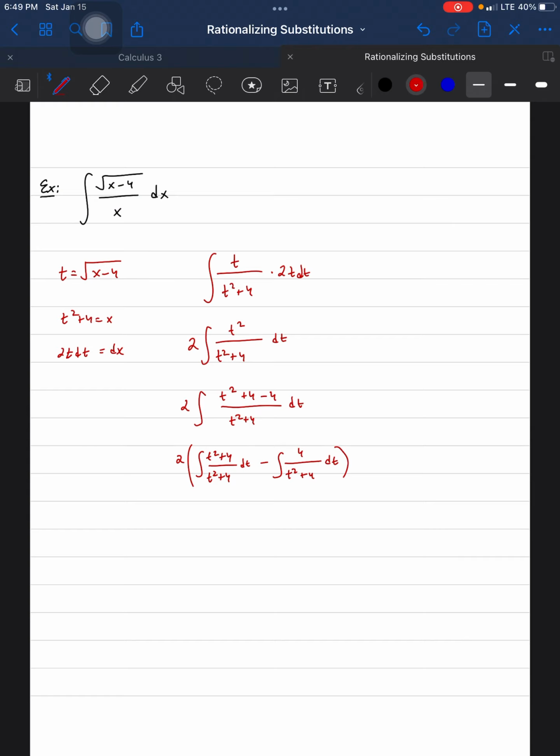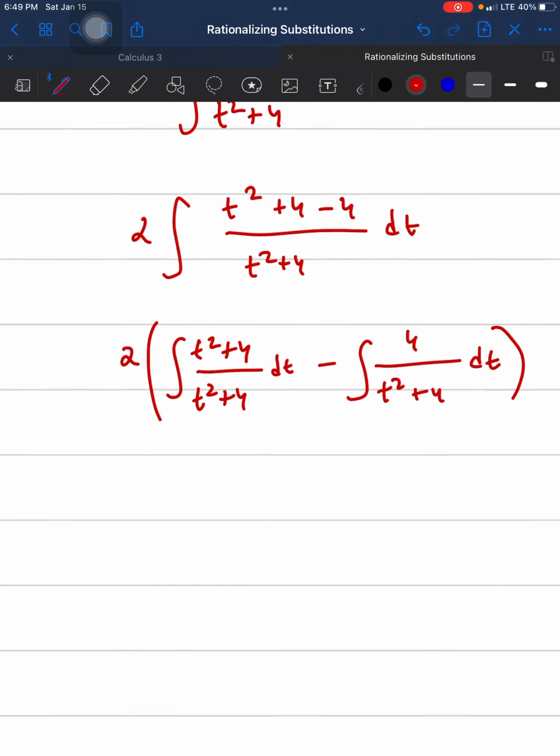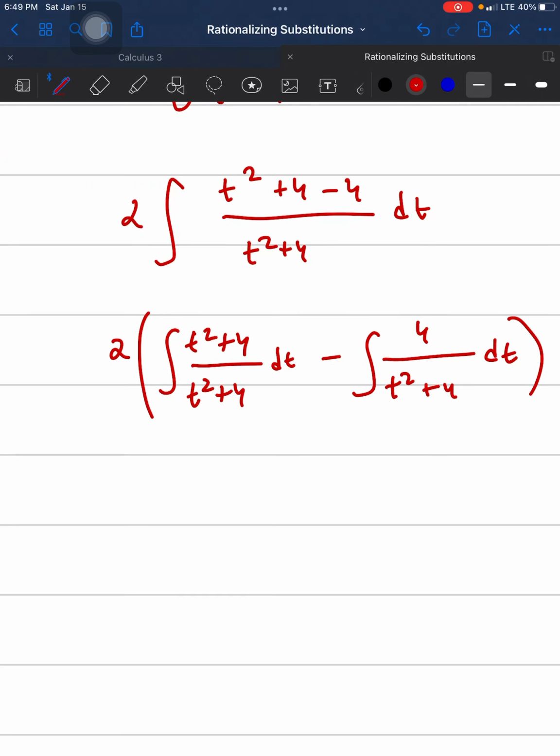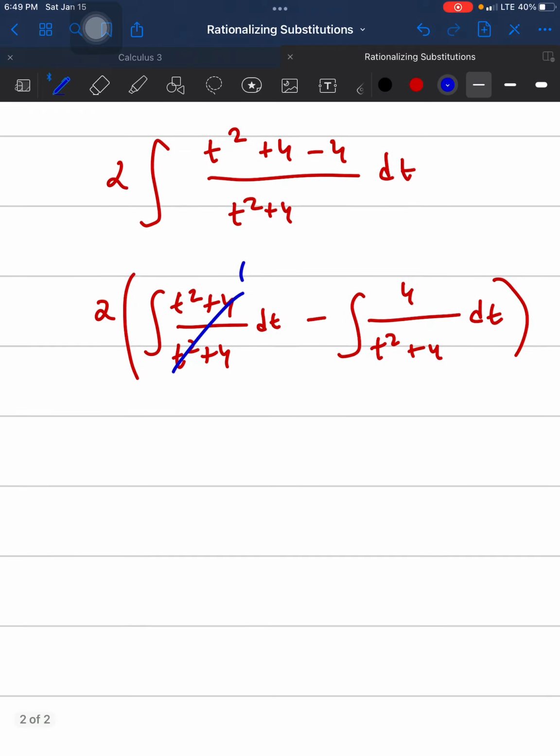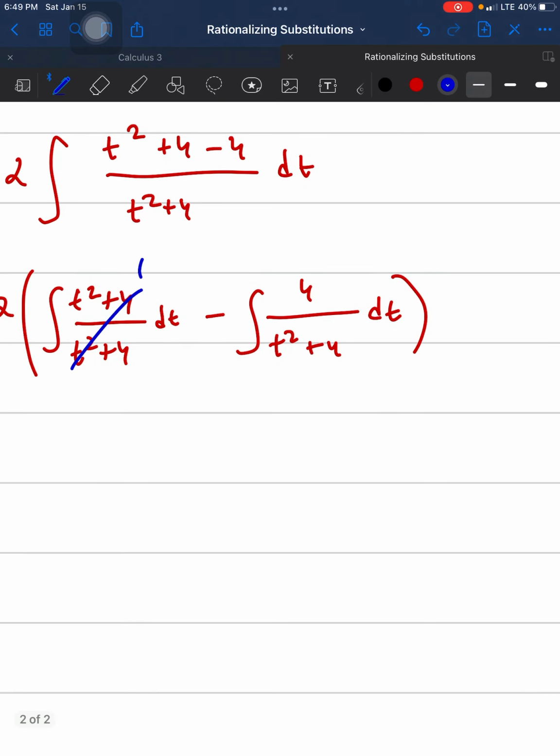So you see, that just helped us split it into 2 different integrals, and now we can solve from here. We know this integral is just the integral of 1, because t squared plus 4 divided by t squared plus 4 is just 1.